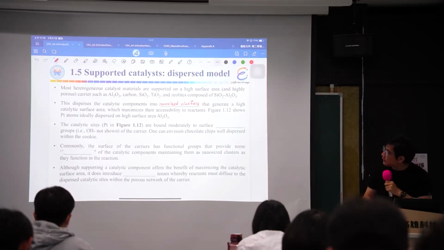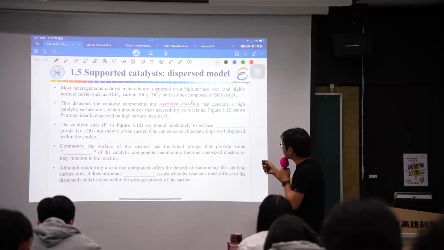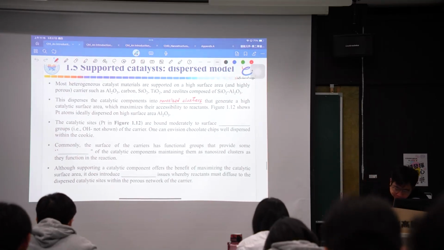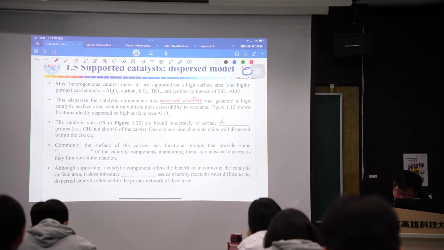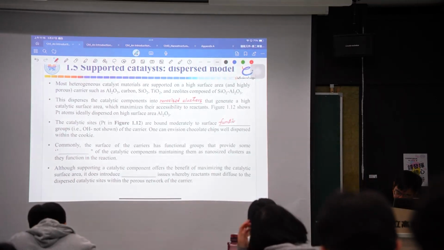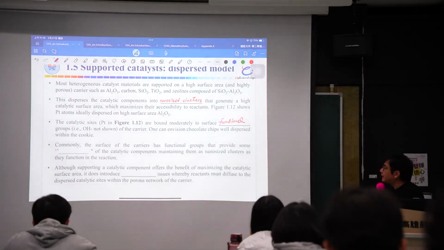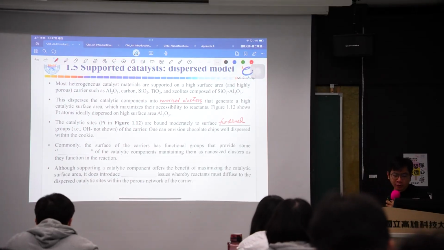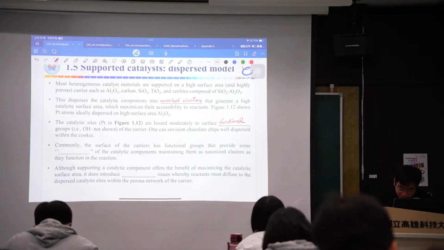Okay. So then on the Pt side, Pt are bound to the surface functional group, like OH group, to improve the dispersion, right?